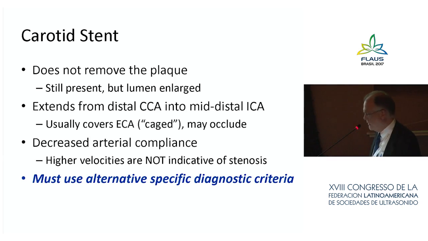Usually the stents extend into the common carotid artery and will usually cover, we generally will call that cage, the external carotid artery. And the flow velocities in the stented segment are generally elevated, and it's thought that this is due to decreased compliance of the artery wall in the treated segment, and I'll show you that.